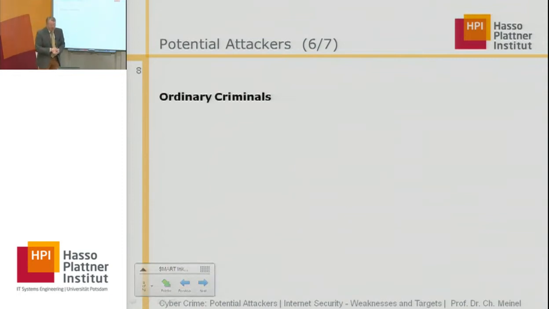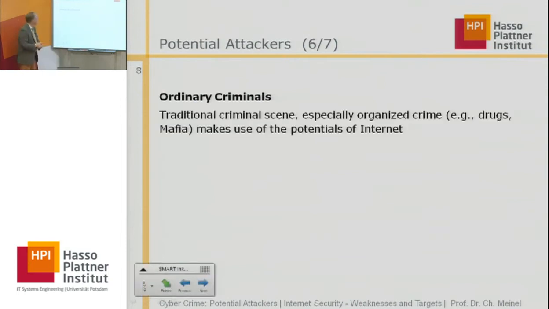There are more potential attackers. There are ordinary criminals, from the traditional criminal scene. For example, particularly organized crime is in this group. Because in an organization one needs to communicate with each other and one needs to do this in a way that's not detected by police.